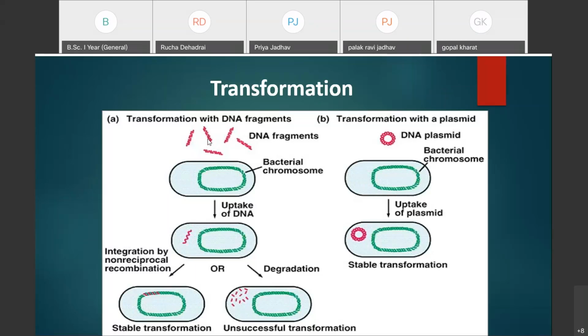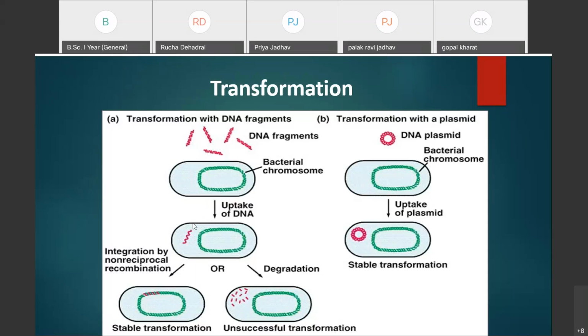Thus only one strand of the DNA molecule enters through the minute pores or sites formed on the cell wall.